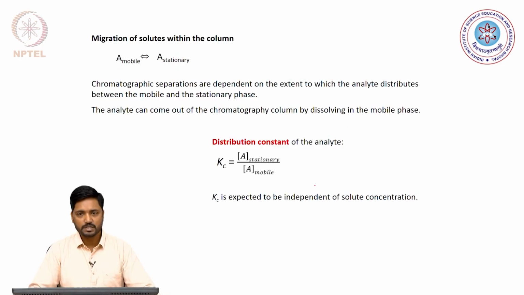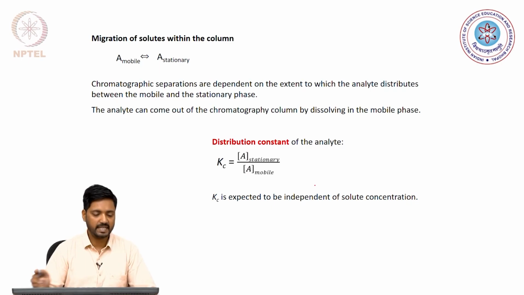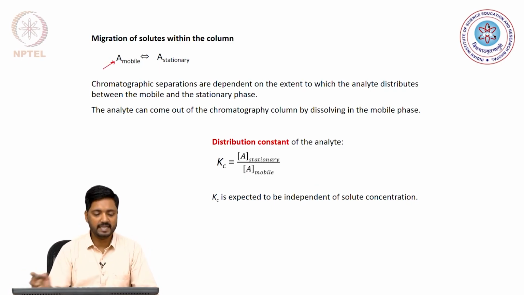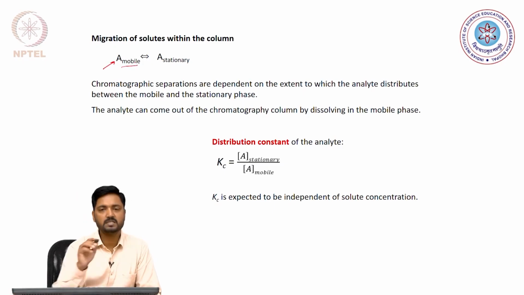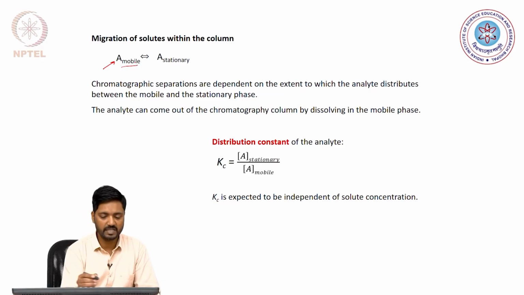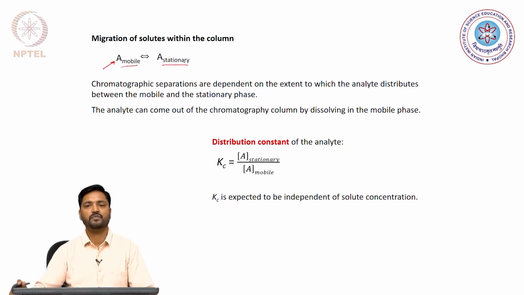So, let us first understand the migration of the solutes within the column. If we consider our solute or analyte A, it will spend certain time in the mobile phase or will be equilibrating between the mobile phase and the stationary phase.